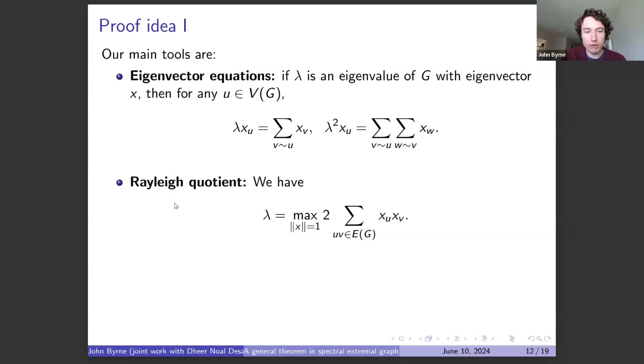And then we also make very frequent use of the Rayleigh quotient. Lambda is also the maximum over all vectors of length 1 of the sum over all edges in the graph of the product of the eigenweights of the endpoints.